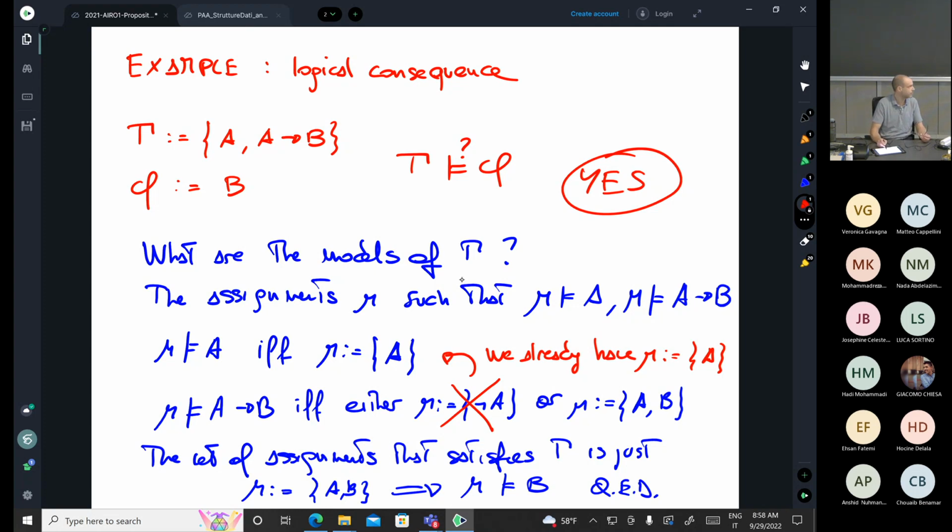First thing I ask myself is, what are the models of gamma? So I work out my definition, and I see that my assignment needs to satisfy A, but it also needs to satisfy A implies B. Now, it's easy to satisfy A, you just put A to true. Here I'm using the representation of an assignment as a set of literals. So in order to say that A is assigned to true, I'm just saying that the set of literals in mu is A.